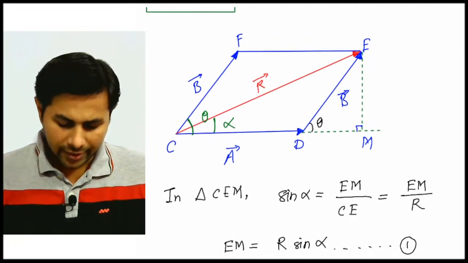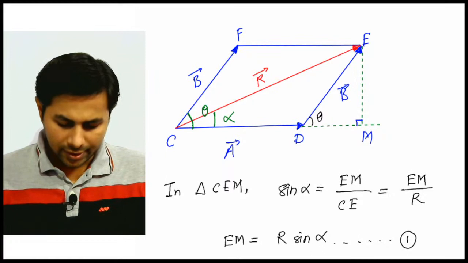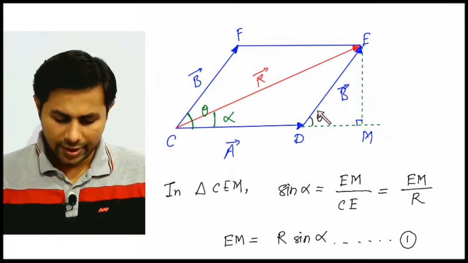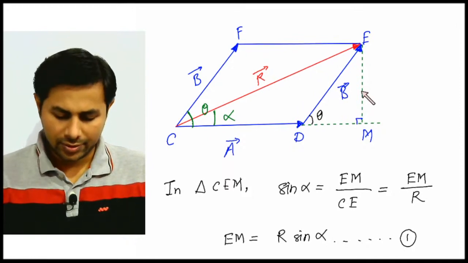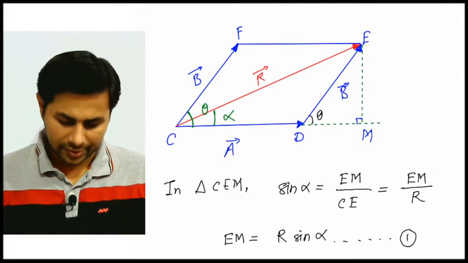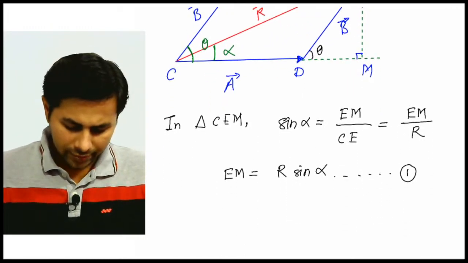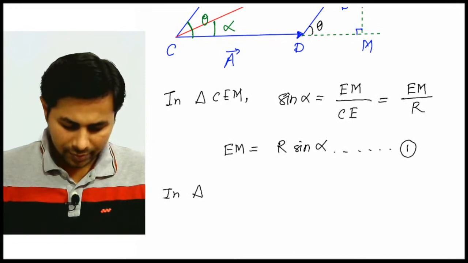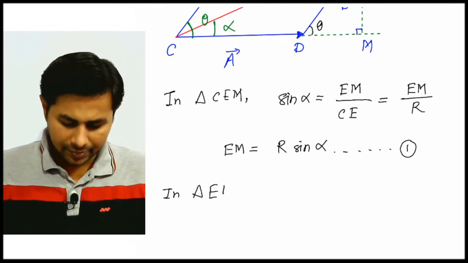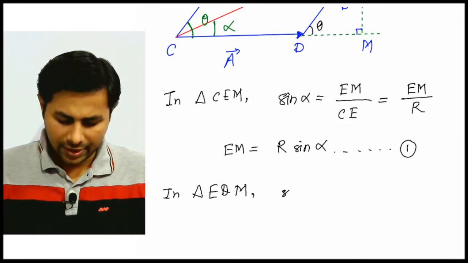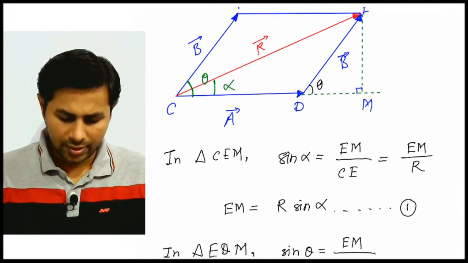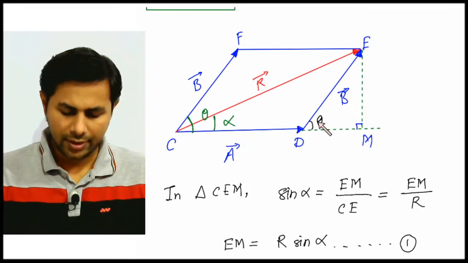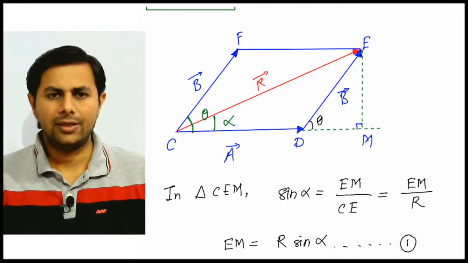Now let's consider this triangle EDM. In triangle EDM, sine of this angle theta is equal to EM divided by the length of this side, DE.